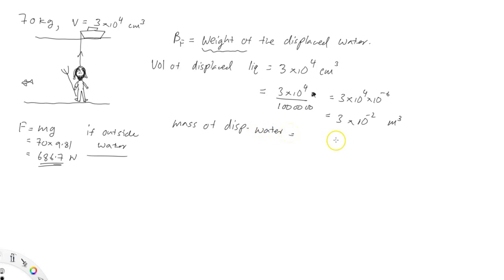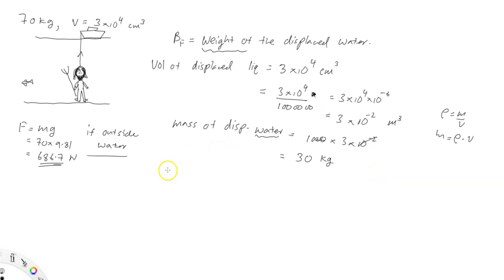We know that density is mass divided by volume, so mass is density times volume. We are talking about water, so density is 1000 multiplied by volume 3 times 10 to the negative 2. So now the two zeros cancel out, and we get 30 kilograms.